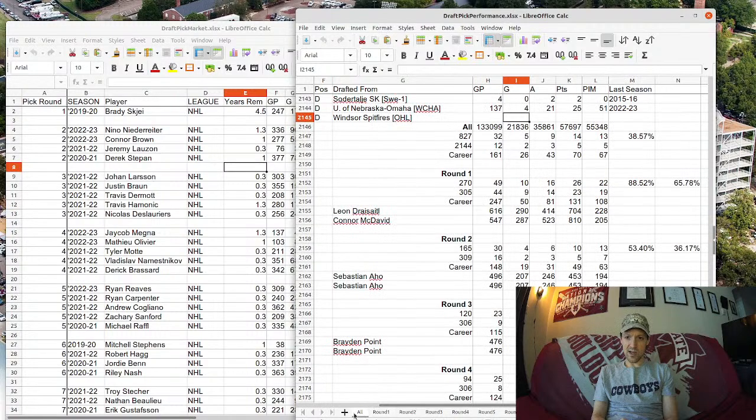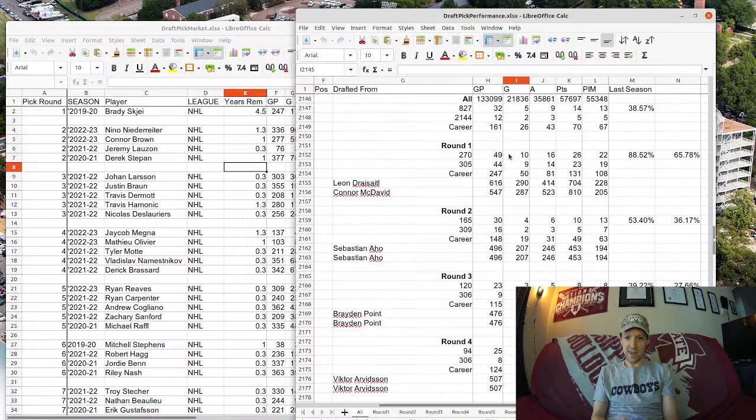Yeah, I have this summarized on this page: 49 games played, 10 goals, 16 assists, 26 points.